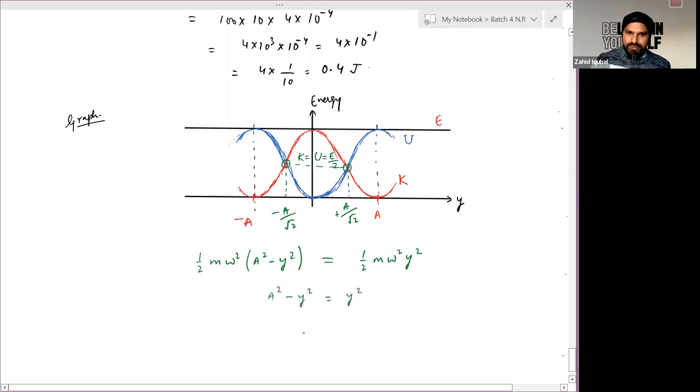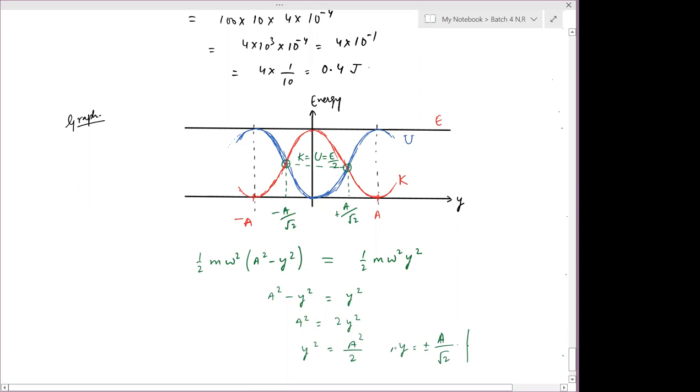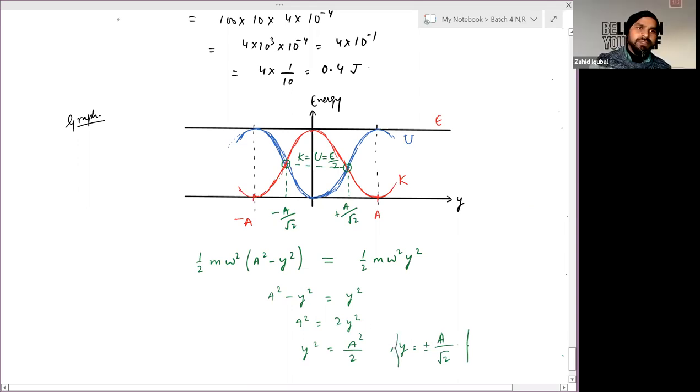Move this y square towards right. So you'll get a square equals 2 times y square, or simply y square equals a square by 2. So y will be plus minus root under the entire term. So it will be a by root 2. Okay, sir. It means at this displacement, kinetic energy and potential energy are equal.